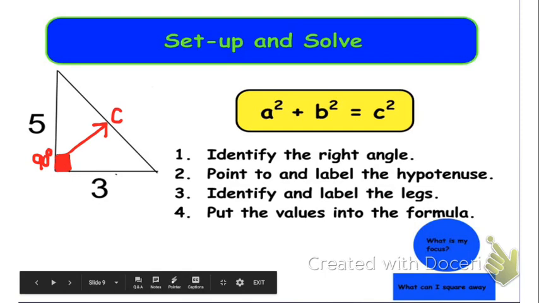Okay, so now that I know what the hypotenuse, leg C, is, now I can identify and label the legs.